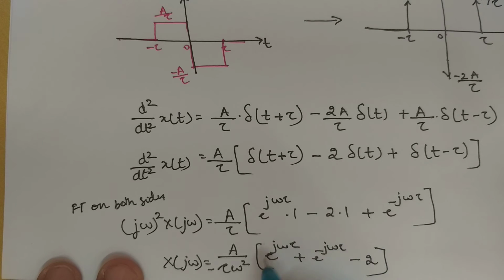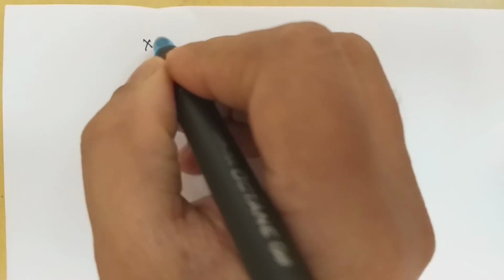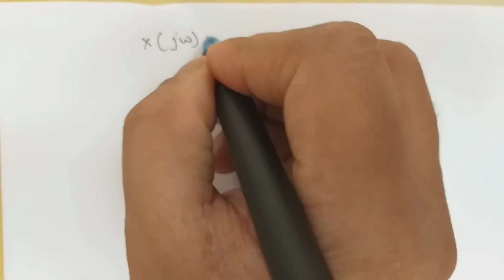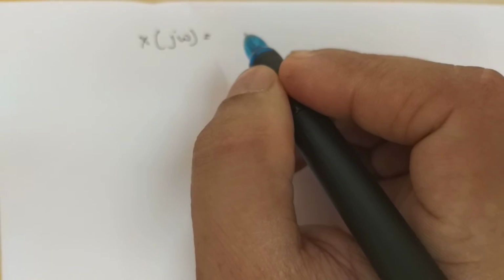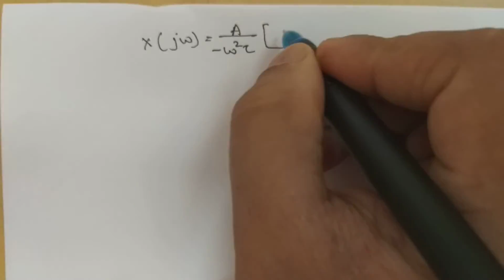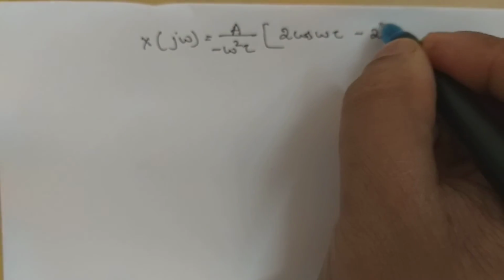So this will be 2 times cos of omega tau. Therefore, x of j omega will be equal to a divided by minus omega square tau into 2 cos of omega tau minus 2.